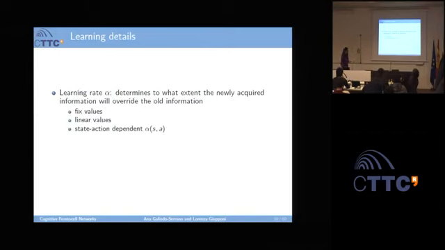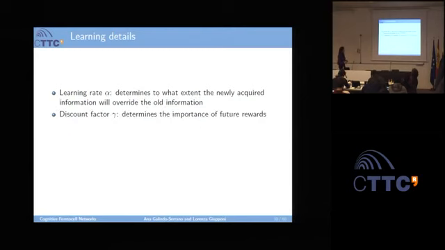There are several ways to tune this parameter. You can use fixed values, you can use linear values changing with time, and you can use state-action dependent values, which means that the learning rate will decrease every time you visit a state and action pair.